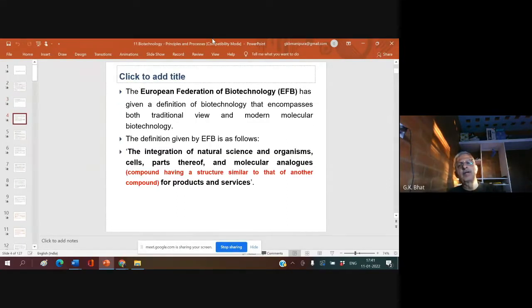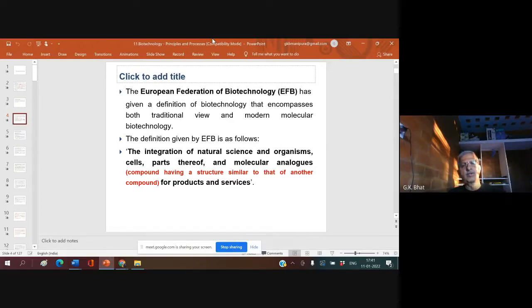The European Federation of Biotechnology, again important in this abbreviation EFB, has given a beautiful definition of biotechnology that encompasses both the traditional view and modern molecular biotechnology. It includes both old biotechnology and modern biotechnology.